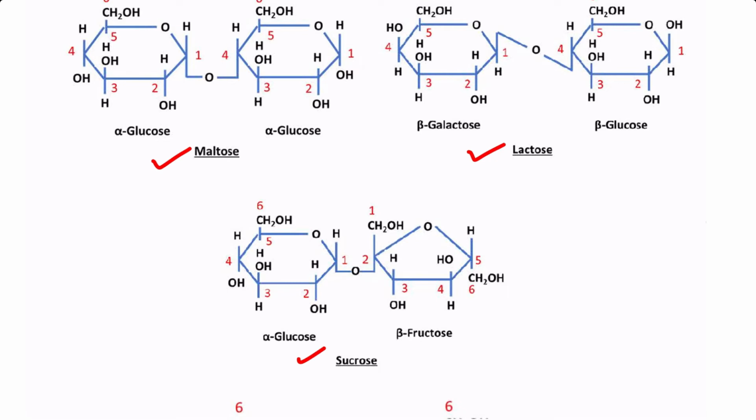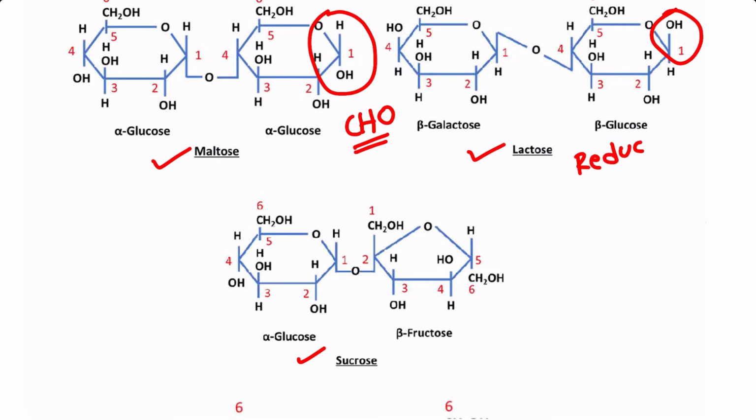In maltose and lactose, a free aldehyde group is there. That is this group. So here the CHO group is free. In lactose also, this is CHO, and this group is free here. So these two are reducing type. And in case of sucrose, you can see you will not get any free aldehyde or keto group.